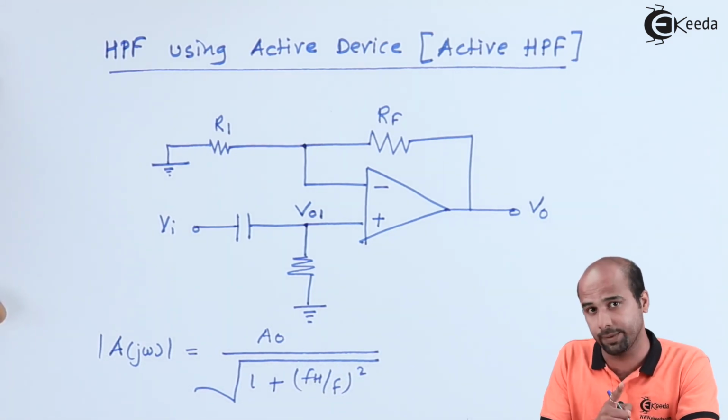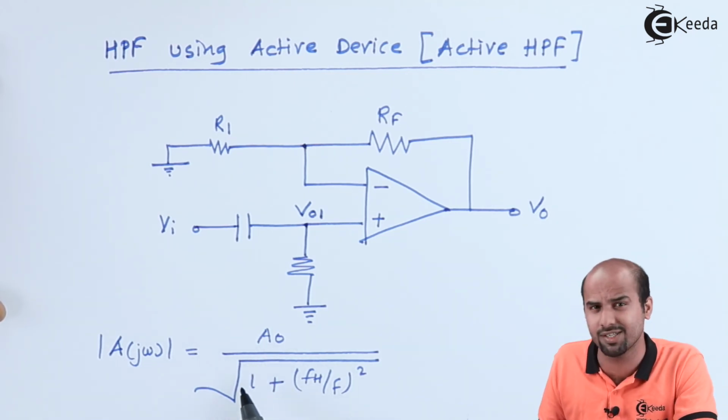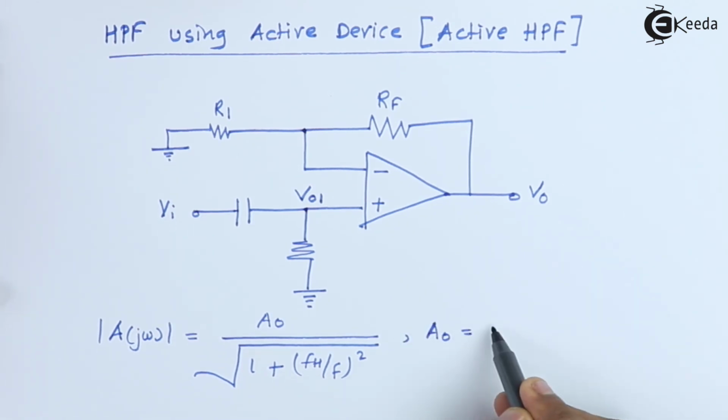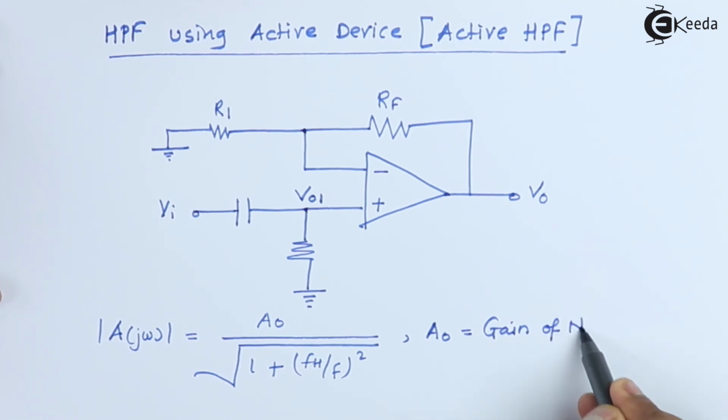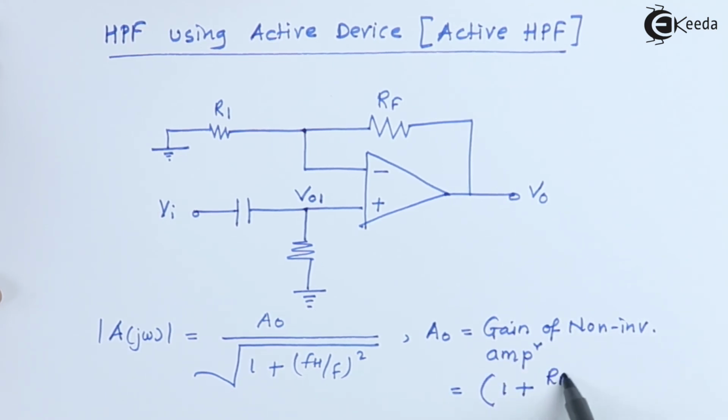Now instead of 1, the only change is that here I will put A0. Now the question arises, what is A0? A0 is the gain of the non-inverting amplifier, and that is nothing but 1 plus Rf upon R1.